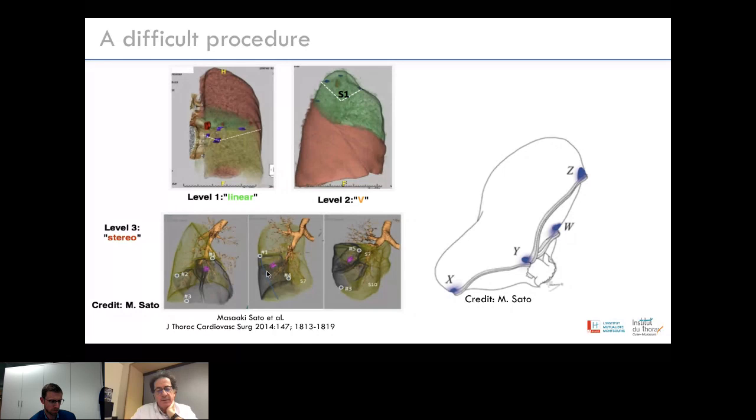But the mistake we were making is that when you do that, you are at the end of the operation after 1 hour 30 or 2 hours, and you say, well, it's the end of the operation. I just have to staple it. Give me the 60 millimeter stapler, and in 1 or 2 shots, it will be finished.